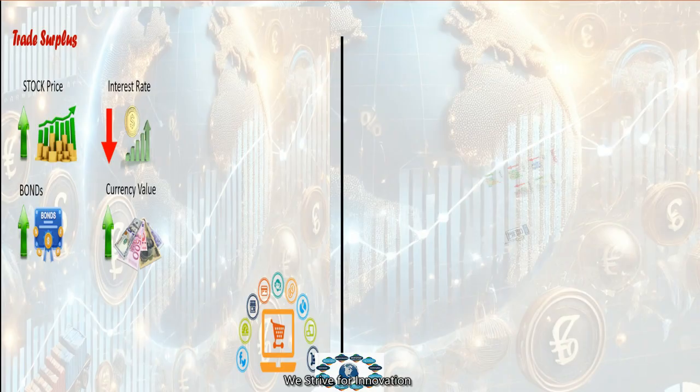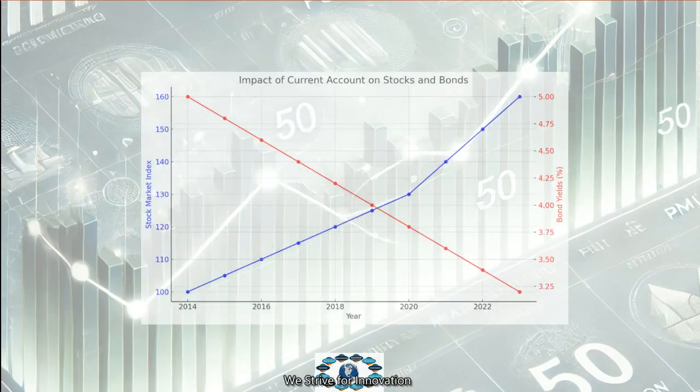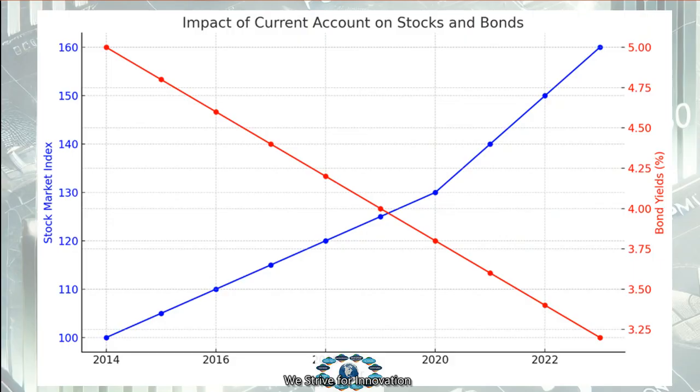Now I'll give you this small chart to entertain yourself, the impact of current account on stock and bond. You can see the year by year stock market index, and you can see the impact of current account on stocks and bonds. This is the bond, this is the stock. You can see as the stock goes up, bond goes down.